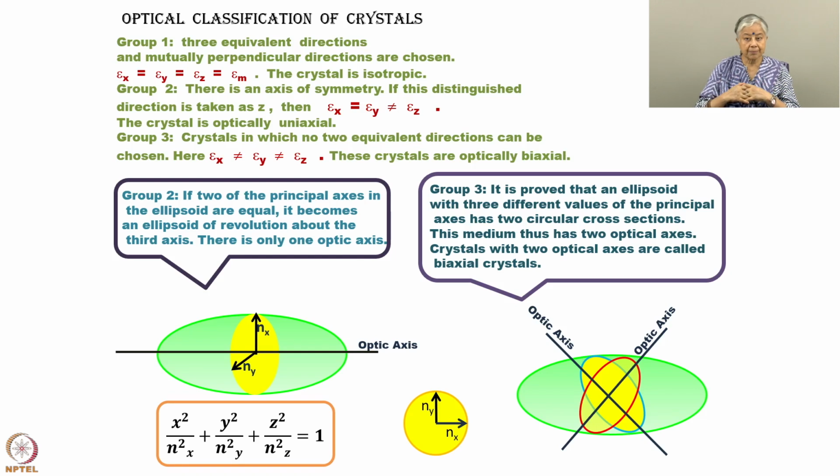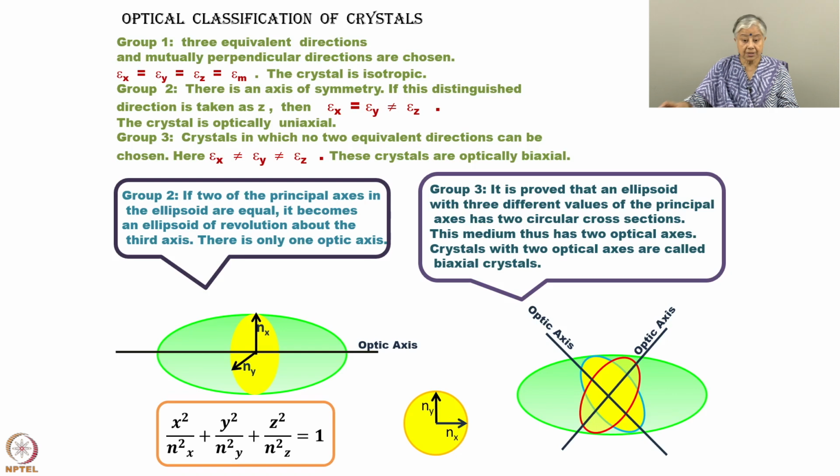You could call the optic axis one imaginary line which is perpendicular to this circle, but it has certain specific properties and becomes like a reference point for all other directions and for the electromagnetic beam or the ray, but it has certain specific properties too.